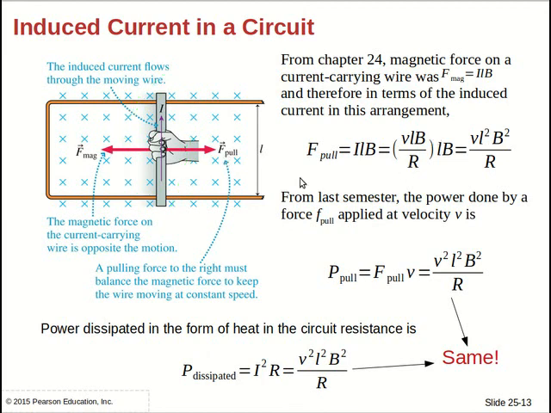Therefore, we can calculate the force of the pull, which here is equivalent to the force that the magnetic field applies on the current, the length of current in the bar. And then we can replace I with what we calculated on the previous page to find that the strength of the pull required to move the bar at velocity v is equal to vL squared B squared over R. v is the velocity at which it moves, L is its length, B is the magnetic field strength, and R is the resistance of the entire circuit.